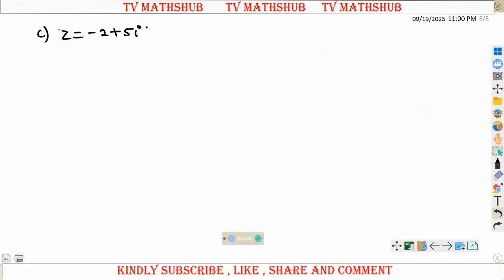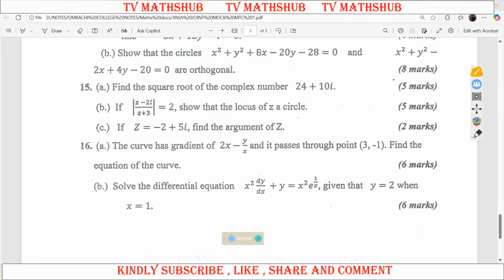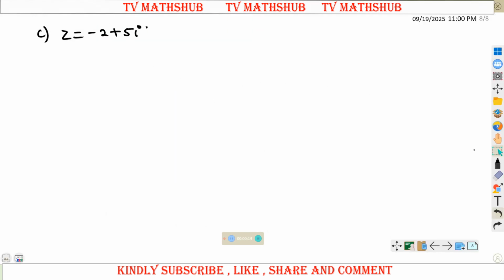Let us now look at 15 part C, which says we need to find the argument of z, where z is -2 plus 5i. In order to find the argument, what we need to do is to first locate where this can be.